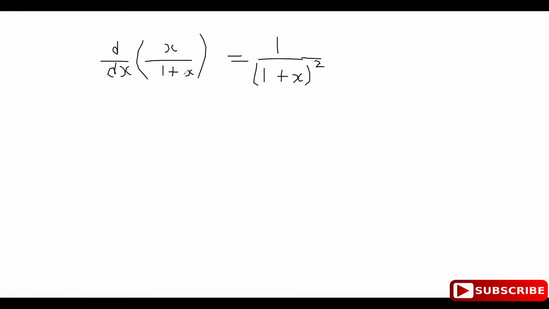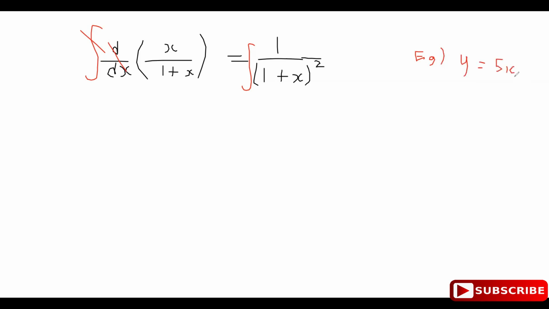Since the derivative of this is equal to this, and differentiation and integration are inverse processes of each other, that means that if I integrate both sides, the integral cancels d by dx. Example: y equals 5x.